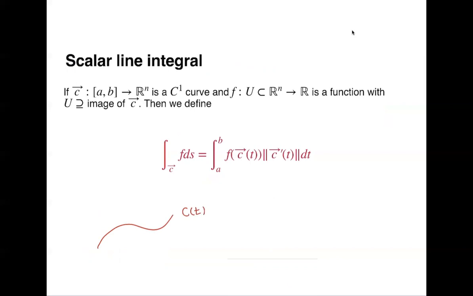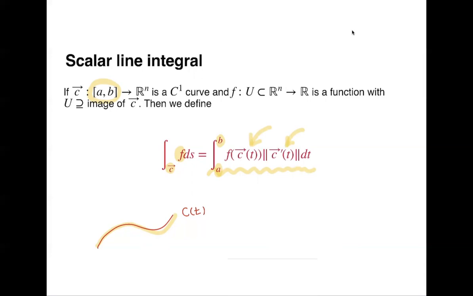So if our curve is given, we want to integrate the function f on this curve C. We can calculate it using this formula. This a and b are from the interval of t, and we calculate the integral of f of C of t times the norm of C prime t.